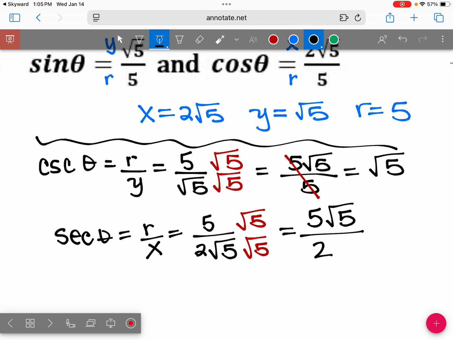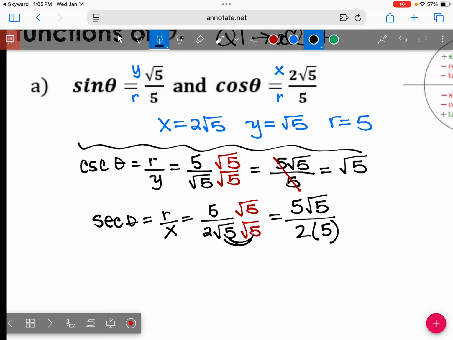What I have in the bottom, when I multiply these together, I just get a 5. So what I have is 5 over 10. Well, I'm just going to leave it that way. Cross out the 5s. So my final answer would be root 5 over 2. That's my secant.